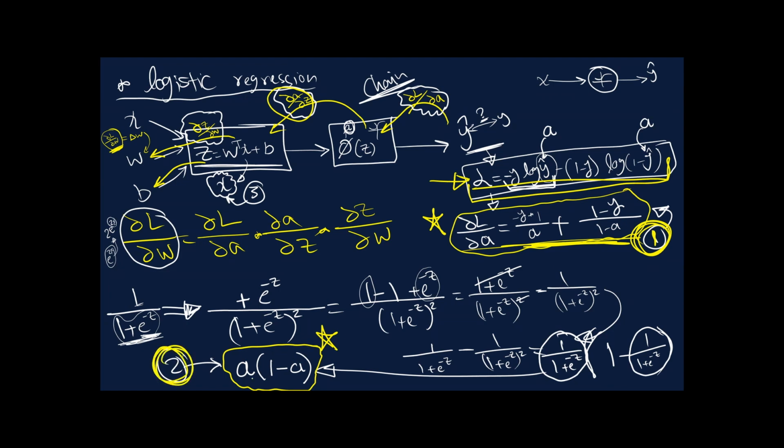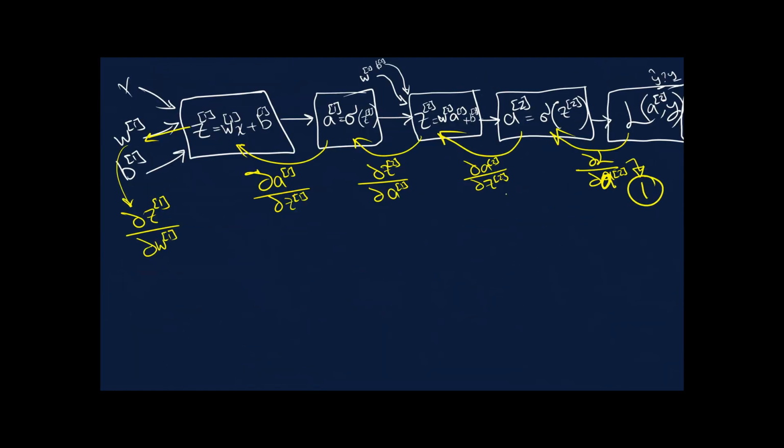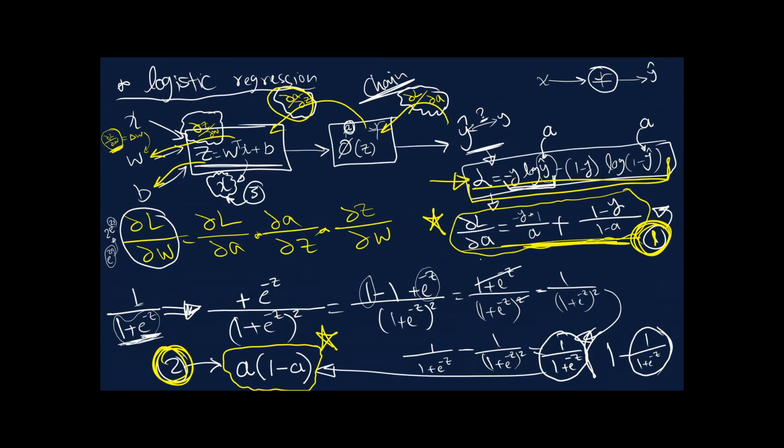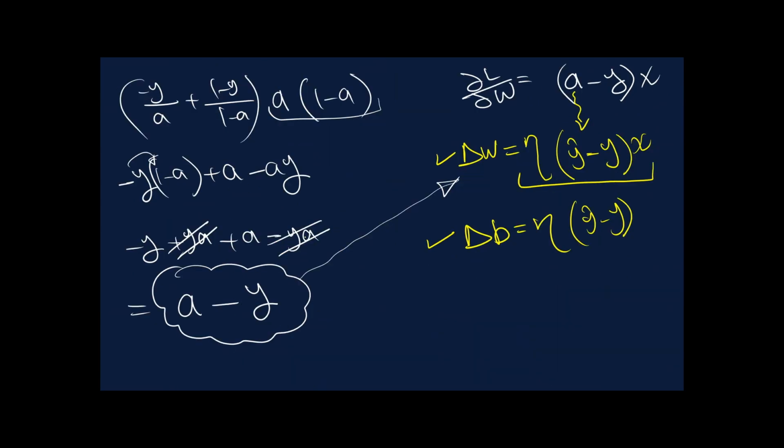So the derivative is like that, and instead of saying A, it will be A2. So here I will just put 2. So what is the multiplication of 1 and 2? Let's get this part first. When we multiplied them in the slide, it was a minus y.